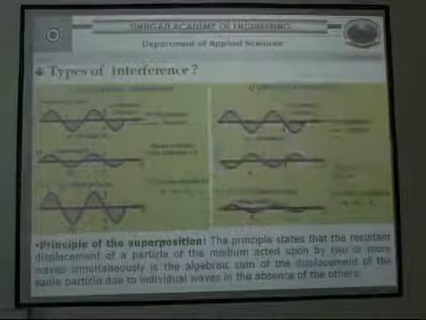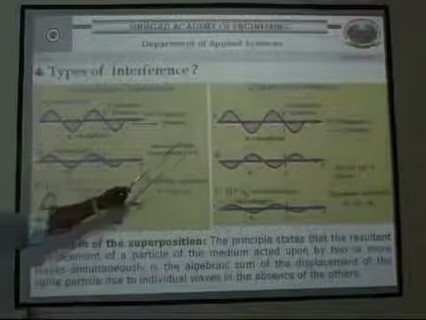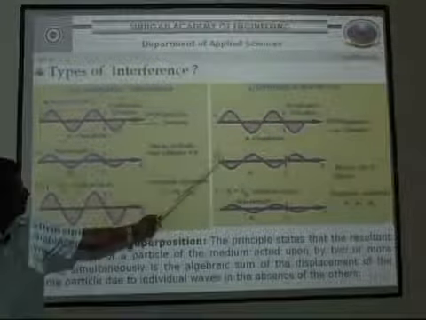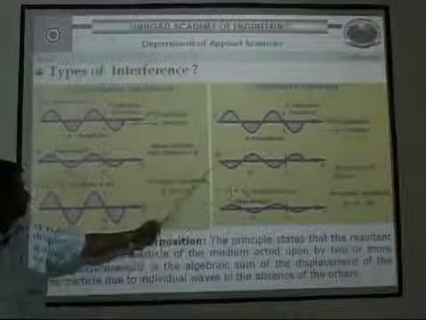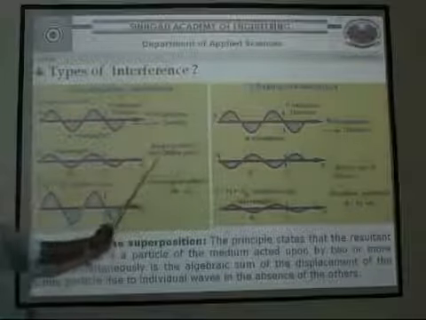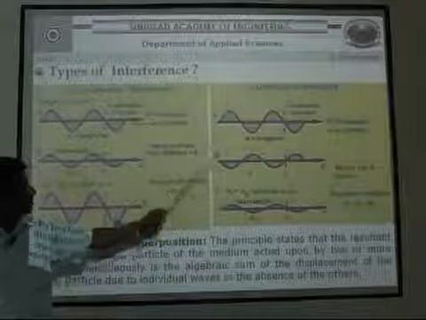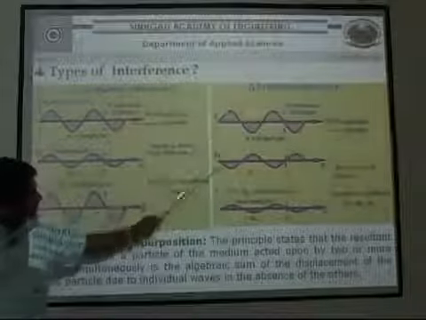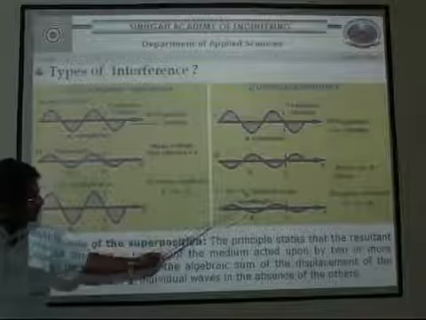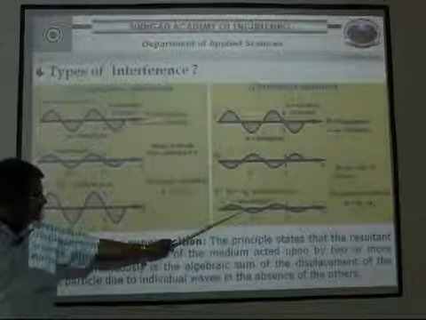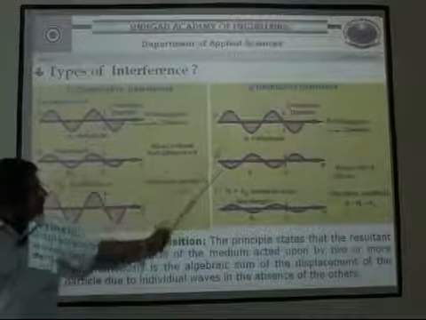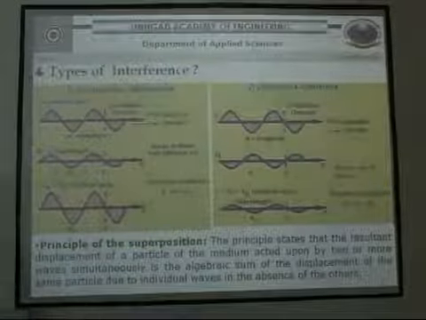Now, destructive interference. In this destructive interference, this is again wave Y1, and here Y minus Y1 means the phase difference here is 0, and here these two waves are out of phase, and therefore the resultant wave is like this. The amplitude of this wave is less than the Y or Y1 wave, and therefore this type of interference is known as destructive interference.